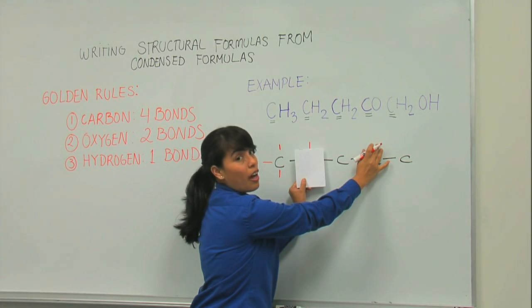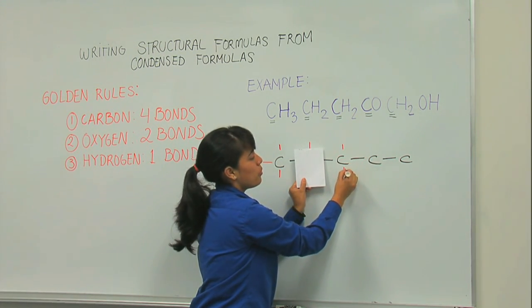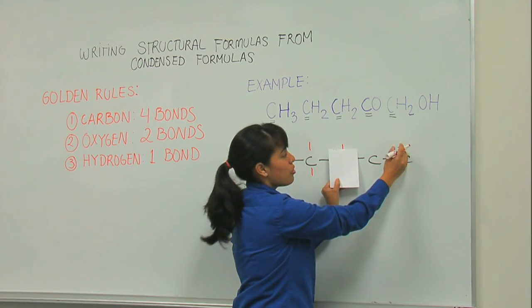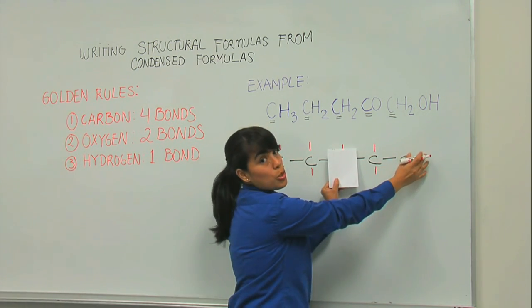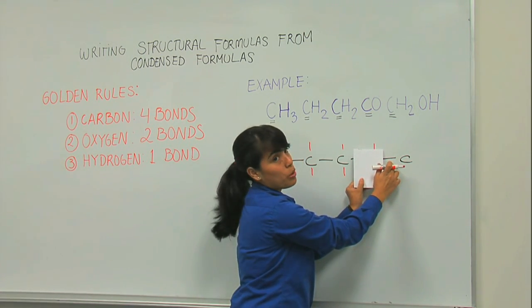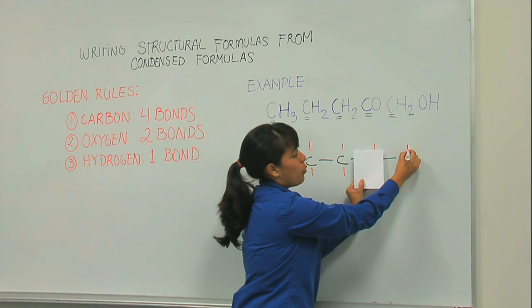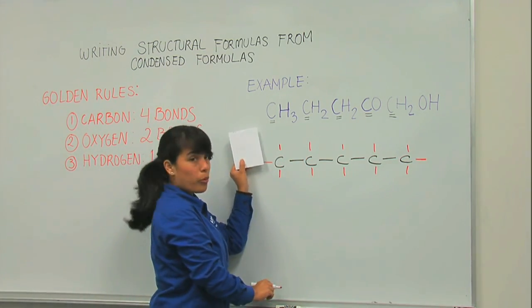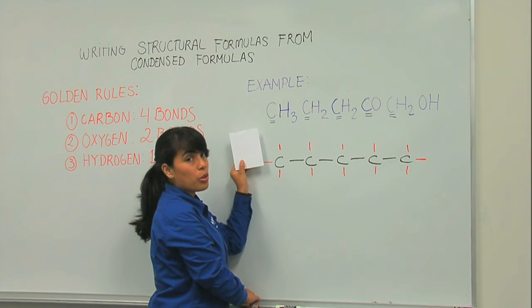This carbon has 2 bonds, I need 2 to complete the 4. This one already has 2, I need 2 more. And this carbon here already has 1 bond, so I need 3 more. 1, 2, and 3.